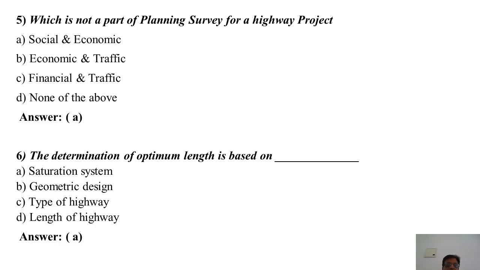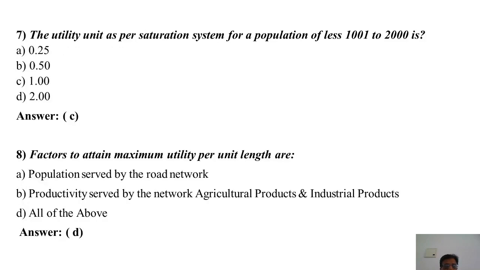The determination of optimum length is based on saturation system, geometry design, type of highway, length of highway. Answer is A, that is saturation. The utility unit as per saturation system for a population of 1001 to 2000 is 0.25, 0.5, 1, 2. Answer is C. Usually we assume 1 for a population range 1001 to 2000.